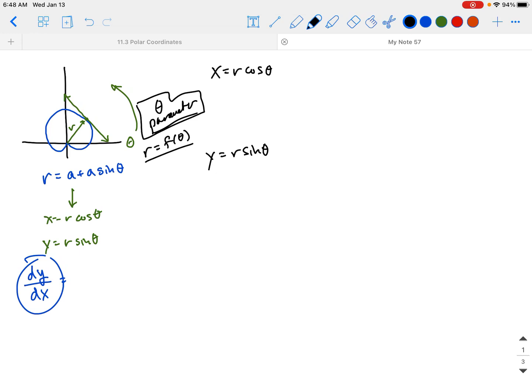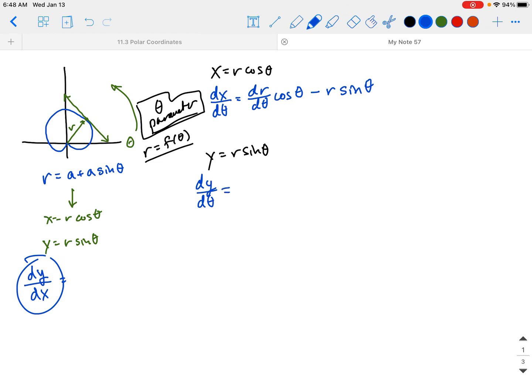But because it's a product, that means if we want to know the derivatives parametrically, say dx d theta or dy d theta, we have to use the product rule. So for dx d theta, we'll differentiate r first with respect to theta. So we'll have dr d theta times cosine theta plus, now r times the derivative of cosine, but the derivative of cosine is negative sine, so we'll get minus r sine theta.